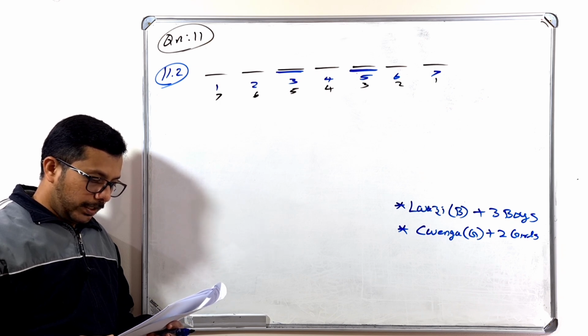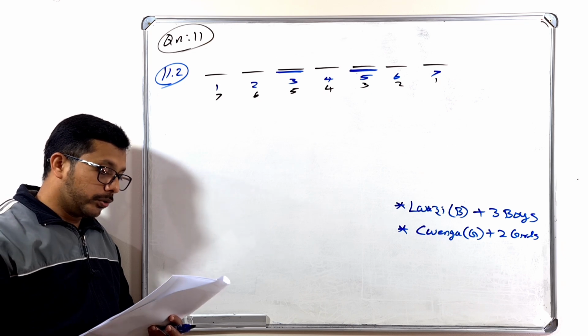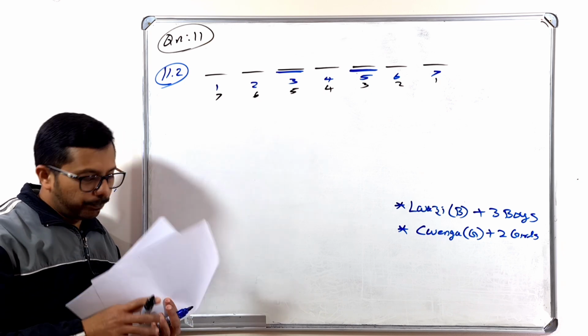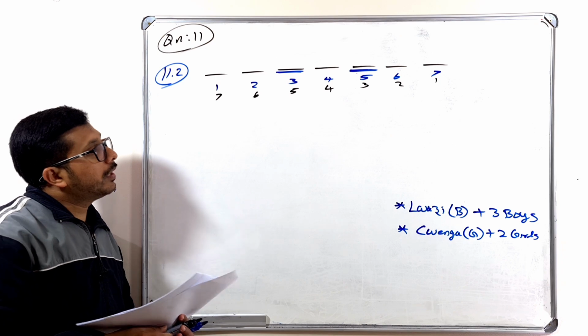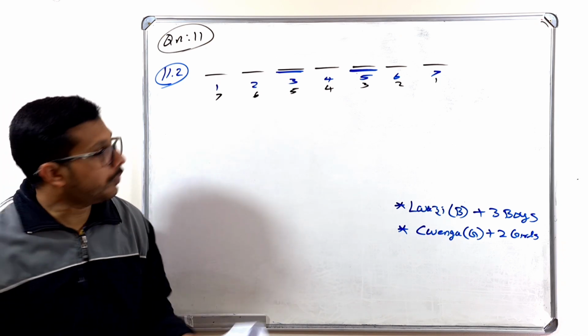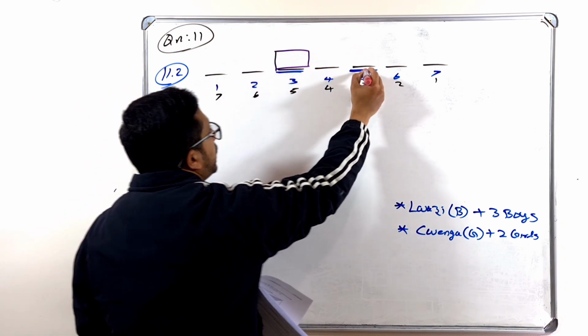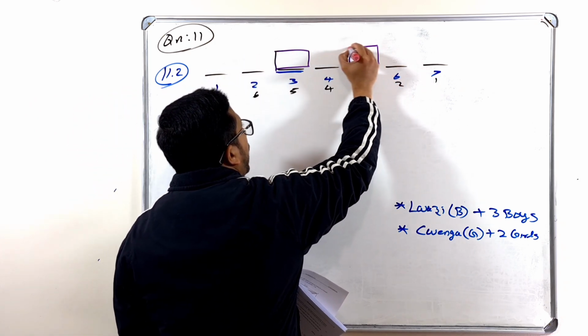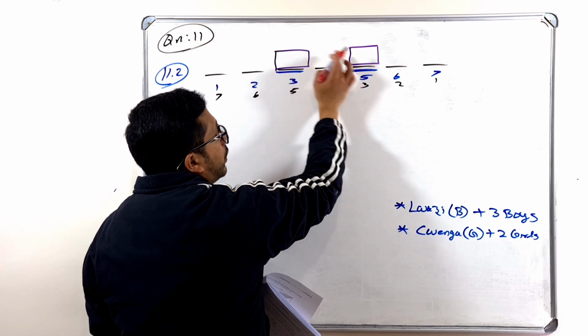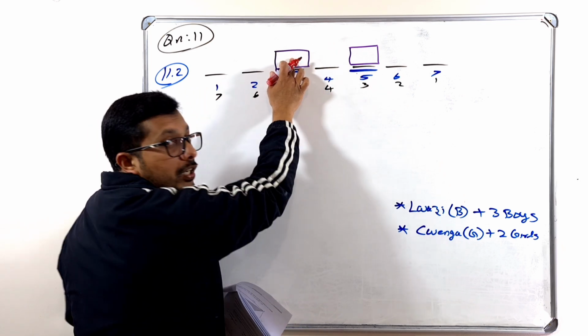Before I go to find the probability, can you see that on this seat, and this seat, either Lassie or Swenga can sit here?